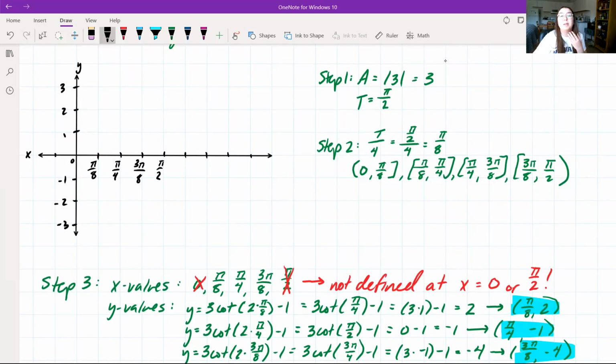When we graph this, we're going to graph 2 periods. We're going to graph one using our key points, and then graph our next period over using our first graph. So in our next period, we'll end up with 5 pi over 8, 3 pi over 4, 7 pi over 8, and then pi.